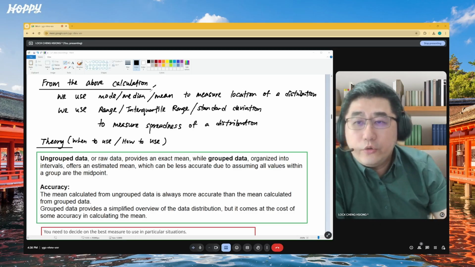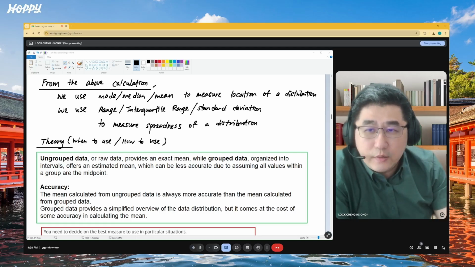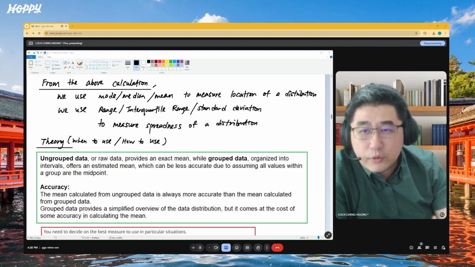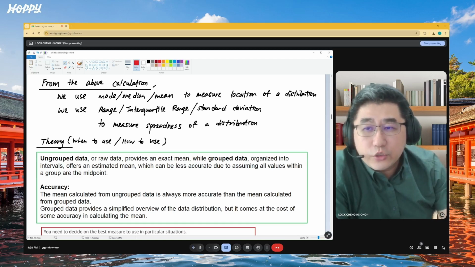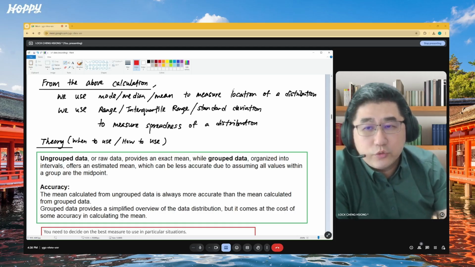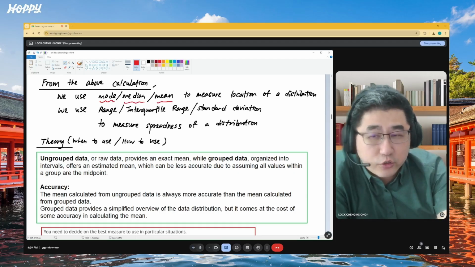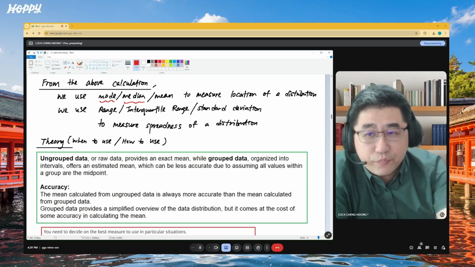Earlier you already saw the calculations of summarizing data using different examples. Now comes the theory part. From the above calculations, we use mode, median, and mean to measure the location of a distribution, to identify where it is.